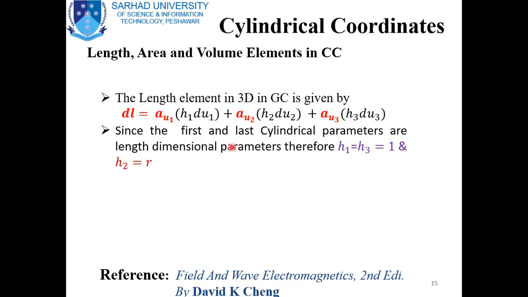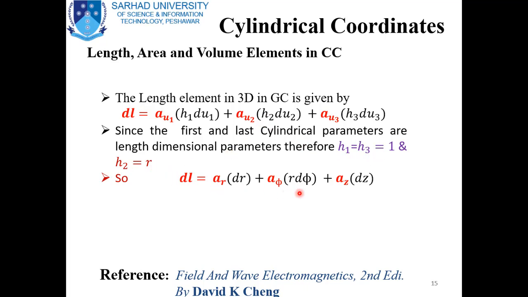By putting in the values of the u's and metric coefficients, our length element in cylindrical coordinates will be a_r dr plus a_phi r d phi plus a_z dz. If we compare this equation with the above one, you will see that h1 and h3 equal 1, while h2 equals r.